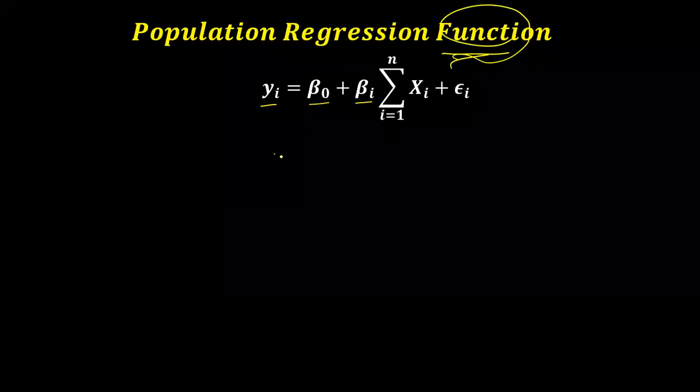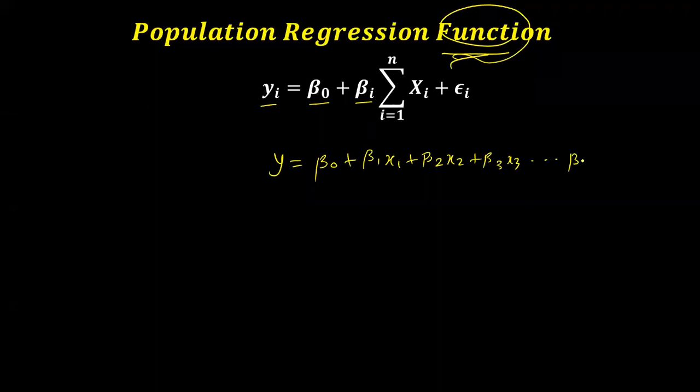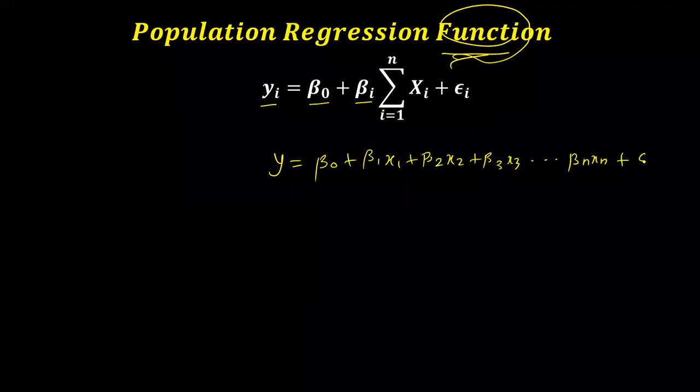Written out, Y is equal to beta naught plus beta 1 into x1 plus beta 2 into x2 plus beta 3 into x3, and so on up to beta n xn, plus there is an error term here. You have to note this down.